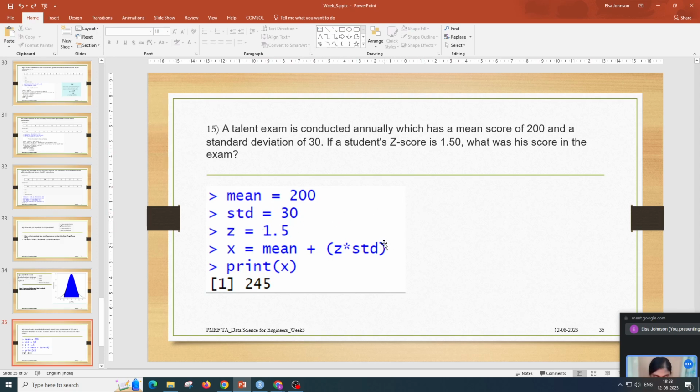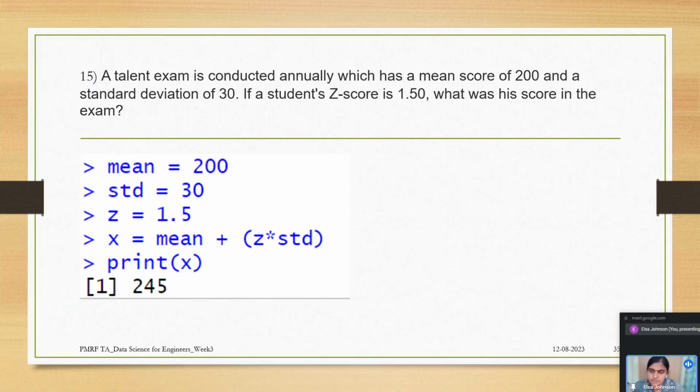The z score is x minus mu by sigma, where mu is the mean and sigma the standard deviation.